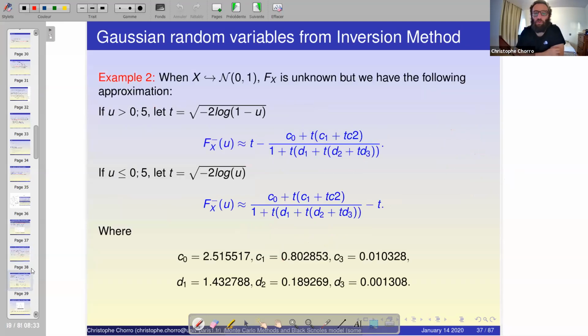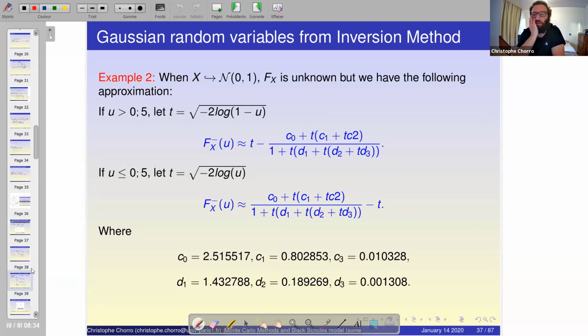In the case of the Gaussian distribution, unfortunately, it's not possible to know explicitly the generalized inverse, because I don't even know explicitly the distribution function of N(0,1). That's why we have tables when we do statistics.